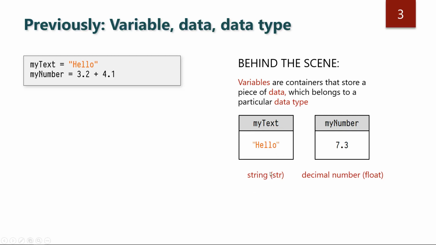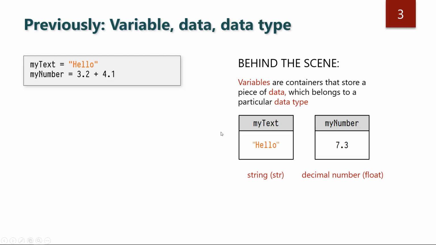In this case, it's a text, and in programming languages, text is called a string. And then we have a number. This is a decimal number, and the data type that represents decimal numbers in Python, and in many other programming languages as well, is called float.